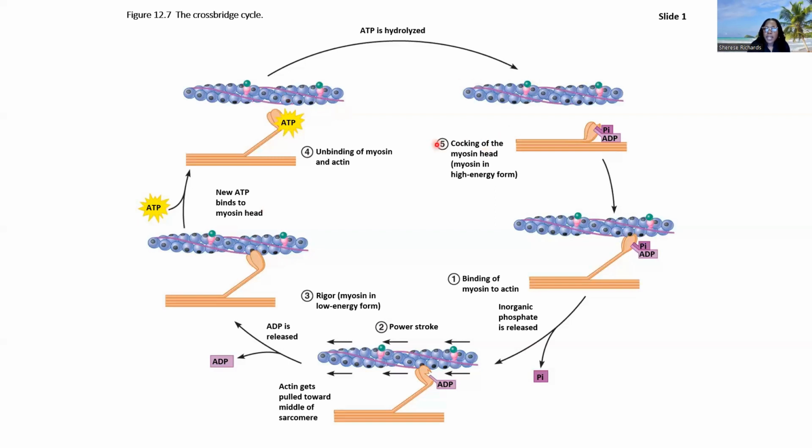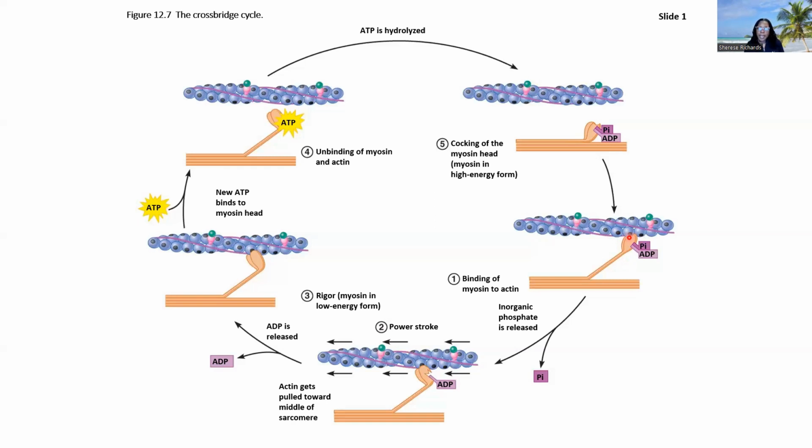Again, the myosin head goes into its cocked state, its high energy form, and then it's basically waiting for calcium to come in, expose the binding sites, and then once we hydrolyze that new ATP, we can reattach to the actin filament and then begin this process again and again.